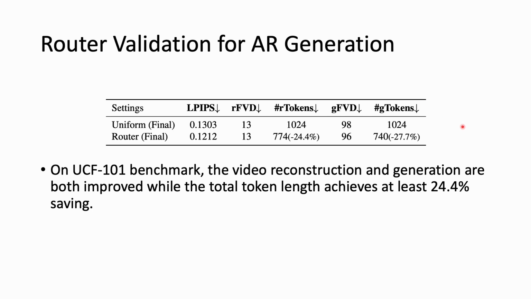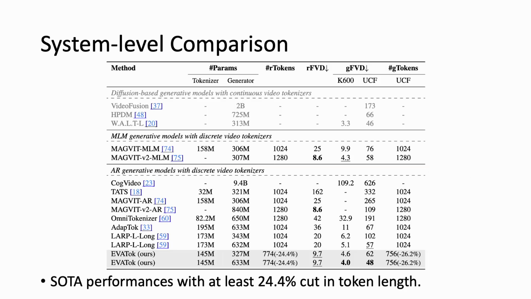In our validation experiments, using the EVATok design with a router on the UCF-101 benchmark, the video reconstruction and generation are improved while the total token length achieves at least 24.4% saving compared to the traditional uniform token assignment setting. And when comparing with other methods, EVATok achieves at least a 24.4% cut in token length, meanwhile it achieves comparable or better performance in video reconstruction and downstream video generation.